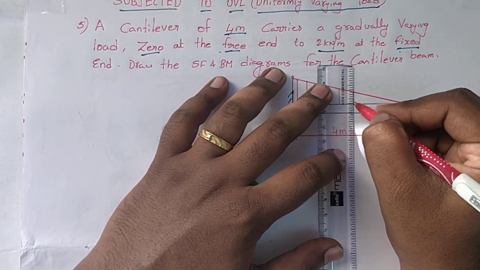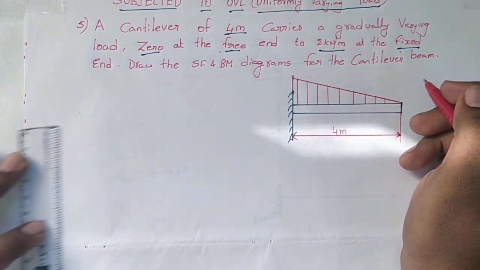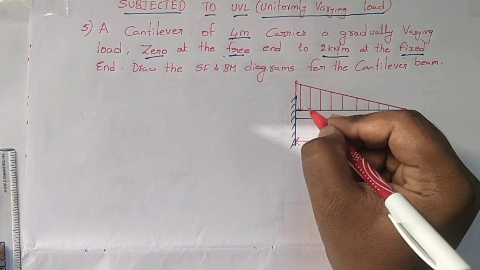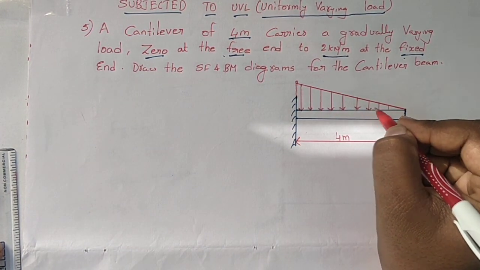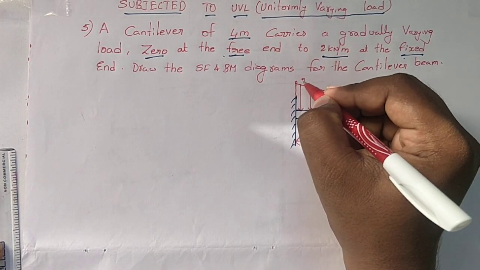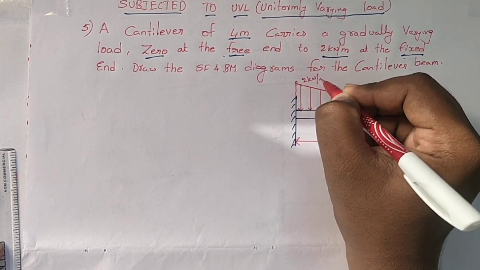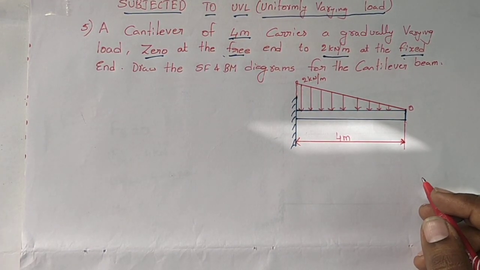Like that we need to draw the load. Observe how I am drawing the load. It is 0 and here 2 kilonewton per meter. This is the type of load acting on the beam.